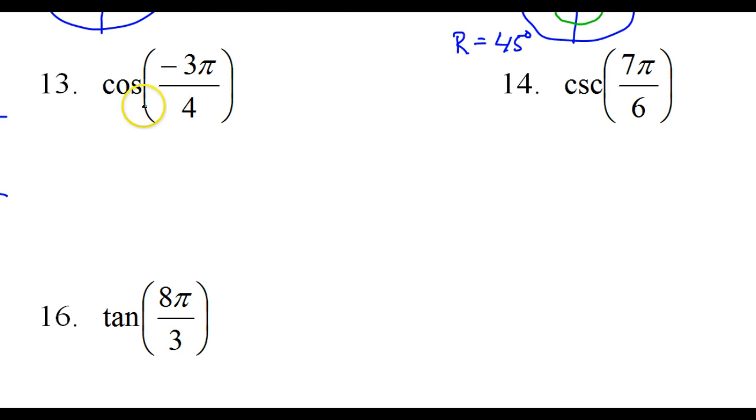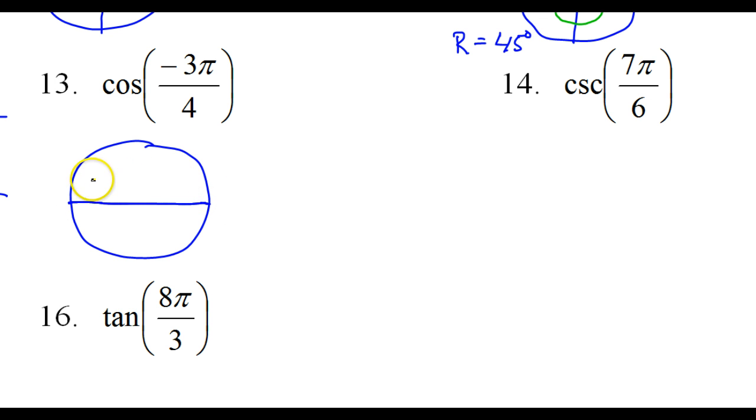Number 13. All right, this time it's not reciprocal. Oh, we're doing radians now. I love radians. So let's get the unit circle poppin'. You see the 4 right there? That means we need 1/4 of a pi. The top half of this is pi, of course.